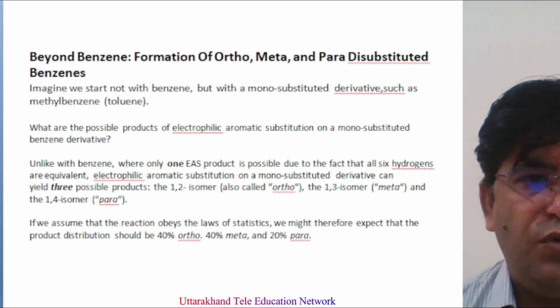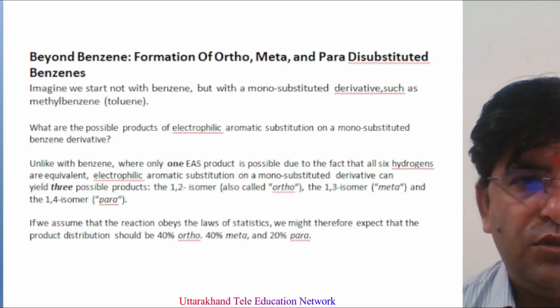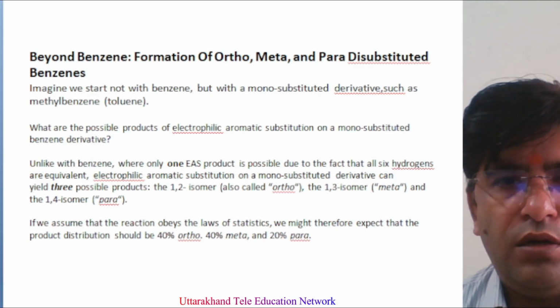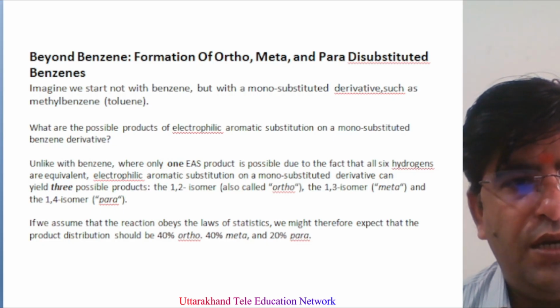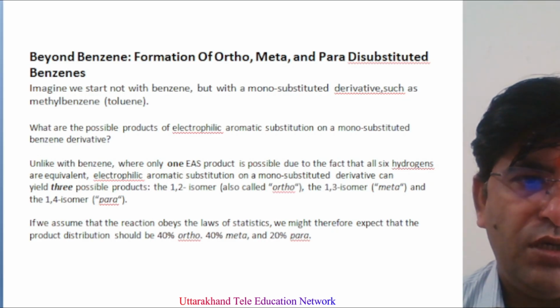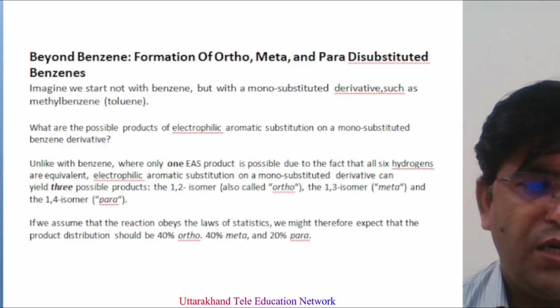Unlike with benzene, where only one electrophilic aromatic substitution product is possible because all 6 hydrogens are equivalent, electrophilic aromatic substitution on a mono-substituted derivative can yield 3 possible products: the 1,2 isomer, that is the ortho product, the 1,3 isomer, the meta product, and the 1,4 isomer, that is the para product.